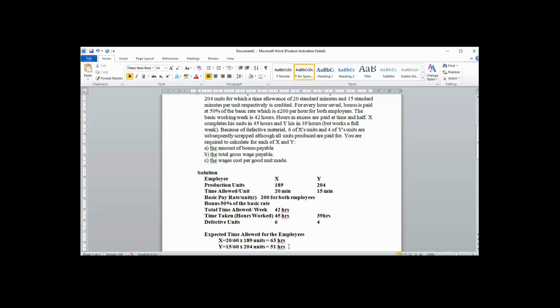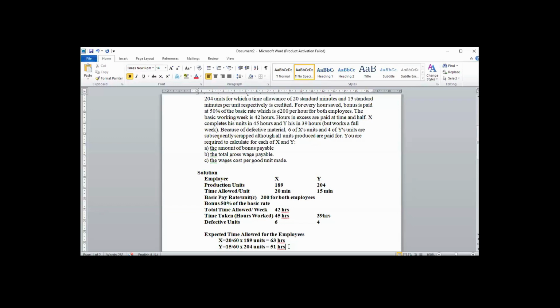But what time do they now use to complete this assignment? Look at it very well now. They're supposed to use 63 hours to do the assignment.